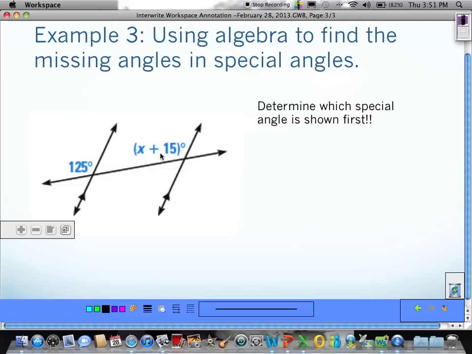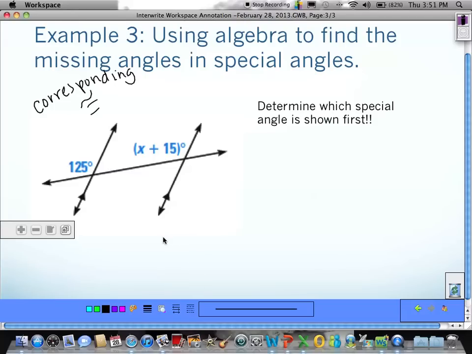They occupy the same position on the parallel lines. So if you know anything about corresponding, I know that my corresponding angles are congruent. Well, what does congruent mean?